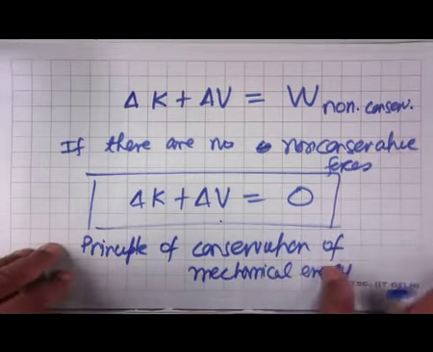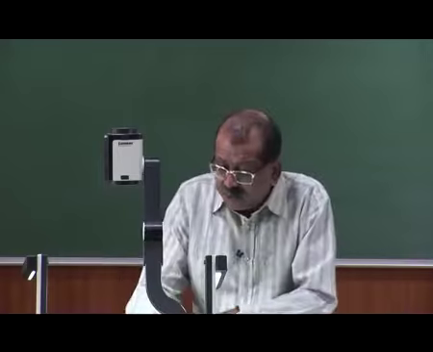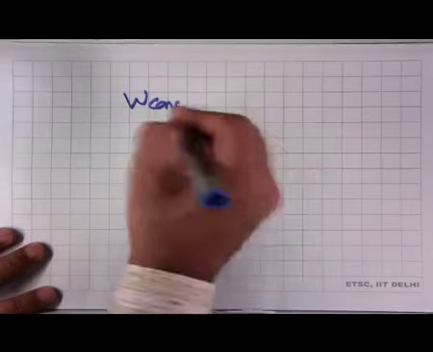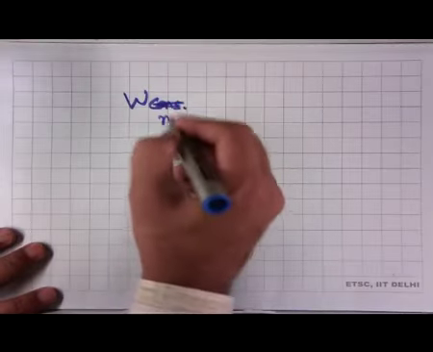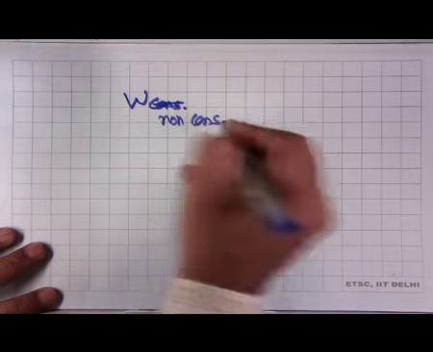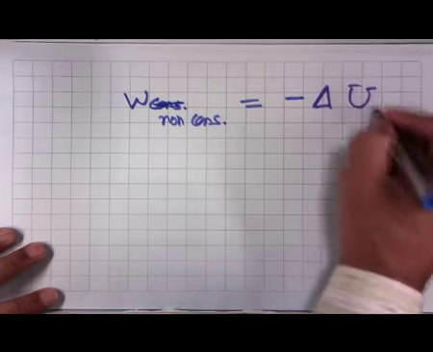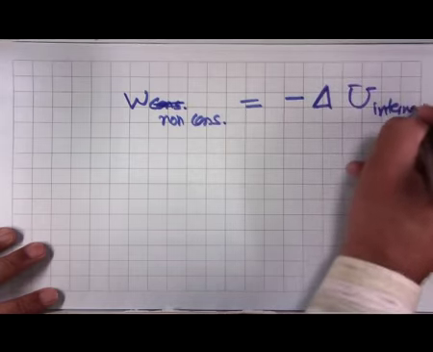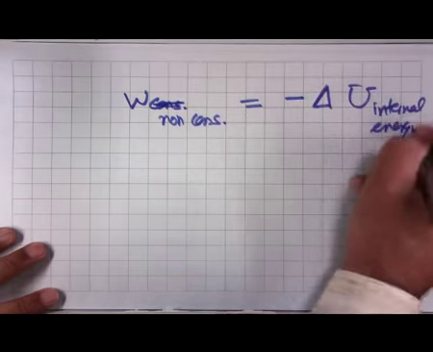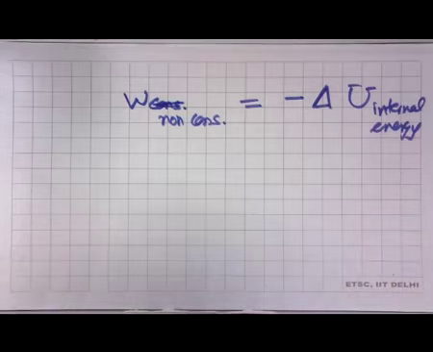Now, we can slightly generalize this, and say that the work done by non-conservative forces is equal to minus the change in internal energy, and this would mean that there is some sort of dissipation which has taken place.